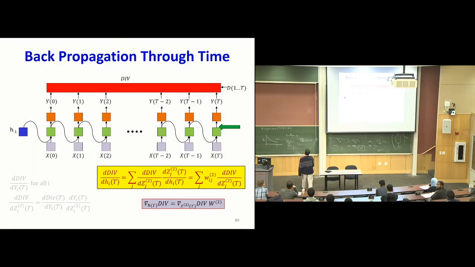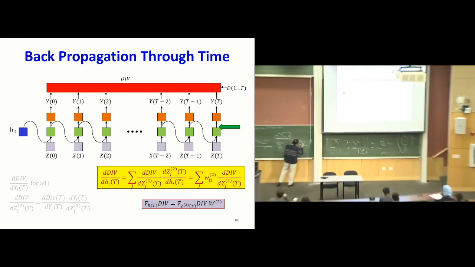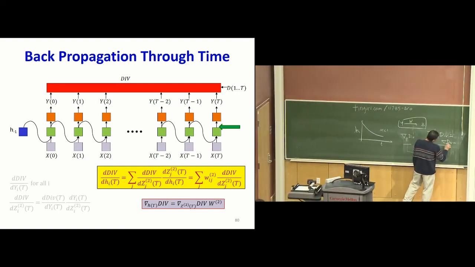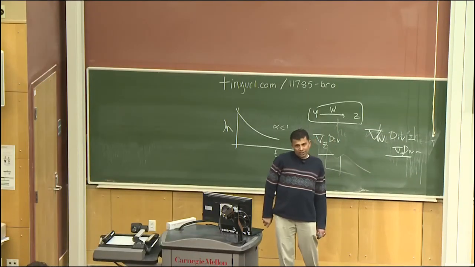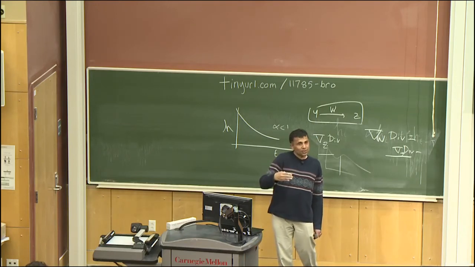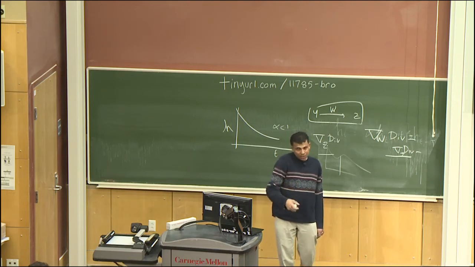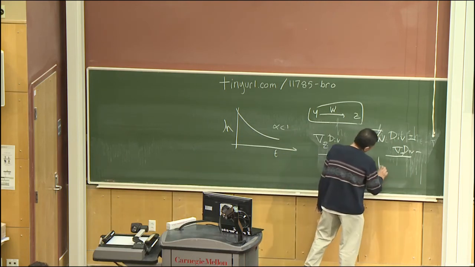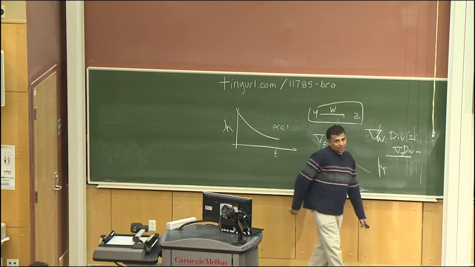So we have this relationship, right? The derivative of the divergence with respect to z is going to be a row vector, and clearly that figures into your derivative of the divergence with respect to the w. I'll help you, it was y times this guy.